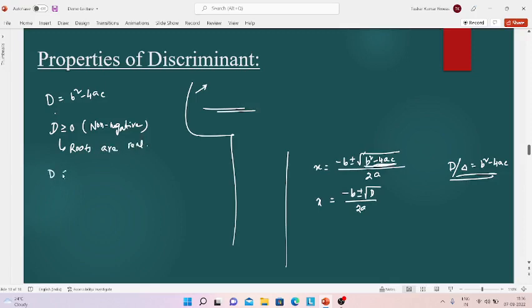If the discriminant is less than 0, I mean negative, then the roots will be complex, right? So if D is greater than or equal to 0, then the roots will be real. If D is less than 0, then the roots will be complex.